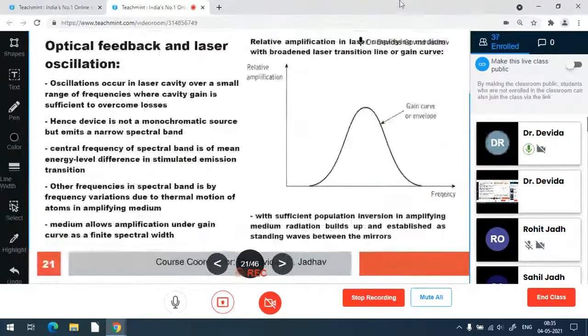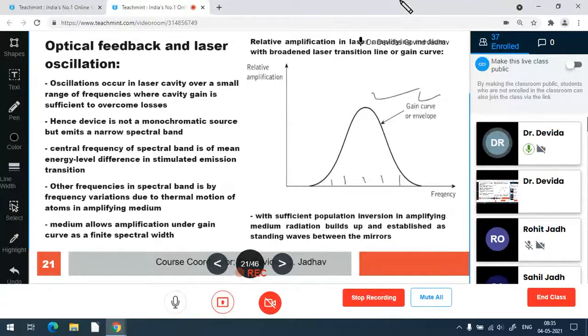So this laser medium has the capability to produce a very large number of discrete frequencies due to the standing wave, but all the frequencies are not emitted because there is a gain curve. This is the property of the crystal structure, a gain curve which supports only a few frequencies under this gain curve.